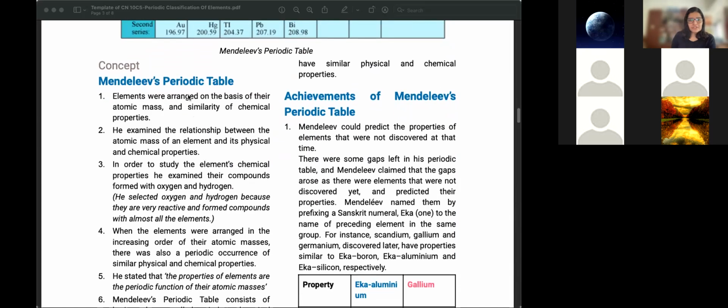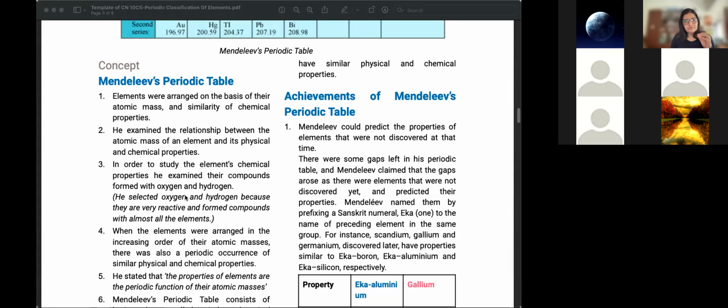First, he said elements were arranged on the basis of their atomic mass and similarity of chemical properties. So that was the main thing. Then he examined the relationship between atomic mass and its physical and chemical properties. This was the periodic function I was talking about. In order to study the elements' chemical properties, he examined their compounds formed with oxygen and hydrogen. He specifically chose this because they are the most common types of compounds that all elements form.